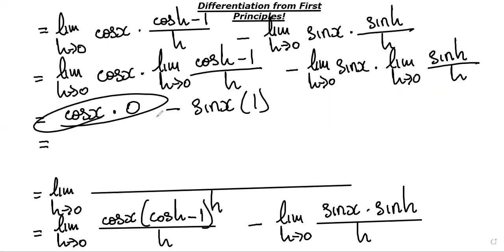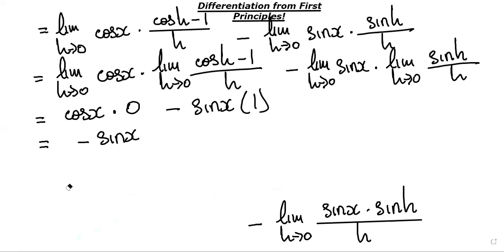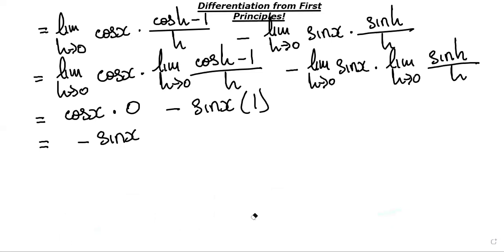So 0 times cosine x will be 0. Sine x times 1, it's just negative sine x. So you have actually shown that the derivative of cosine x is negative sine x.